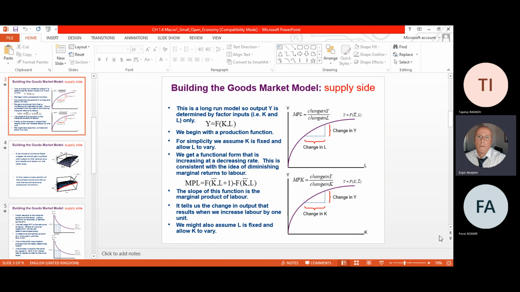And as it is increasing and enlarging, this productivity becomes smaller.